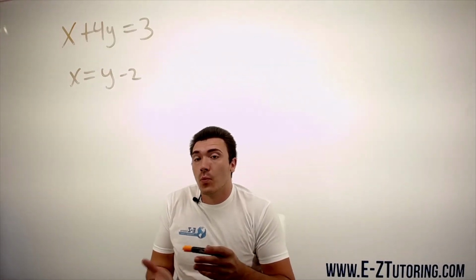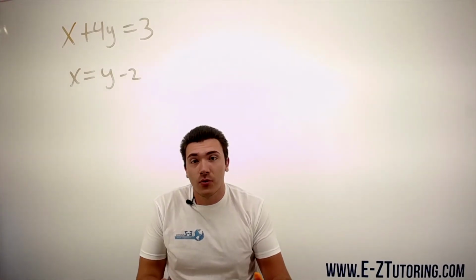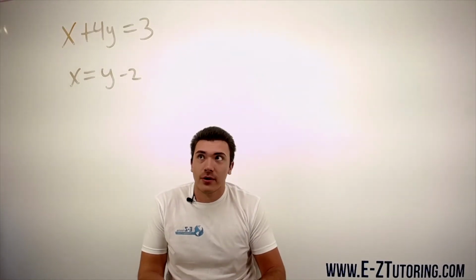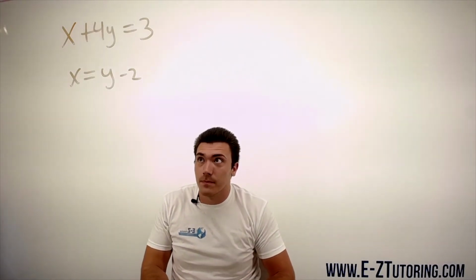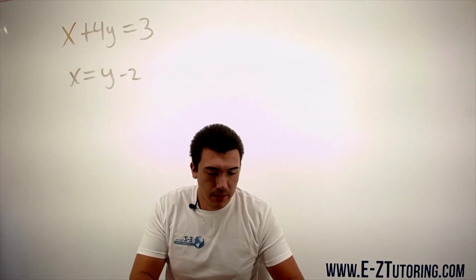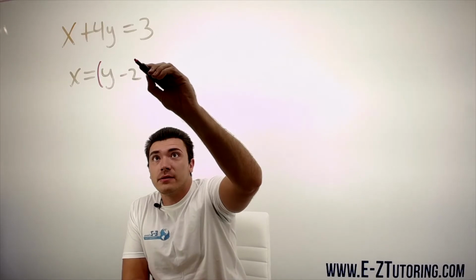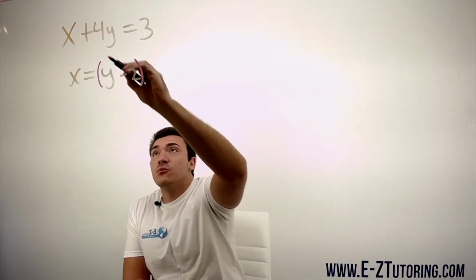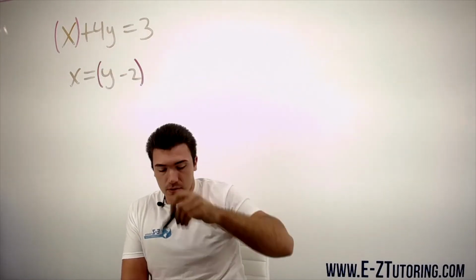So how do you know when to do substitution and when to do elimination? Well, you can do either anytime, it doesn't matter. But in this case, x is already solved for, so we may as well use substitution. So I will put pink parentheses around y minus 2 because that is what we will plug in for x over there.